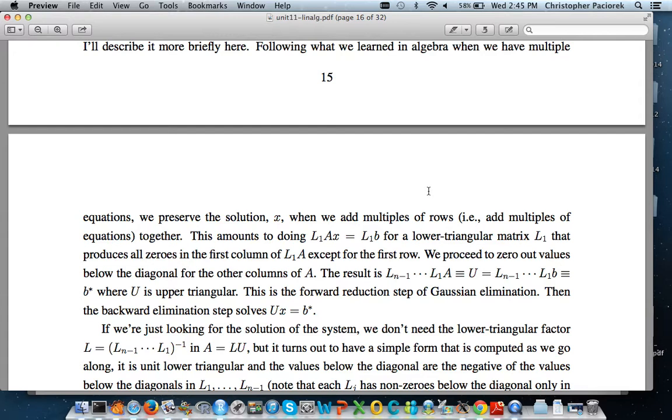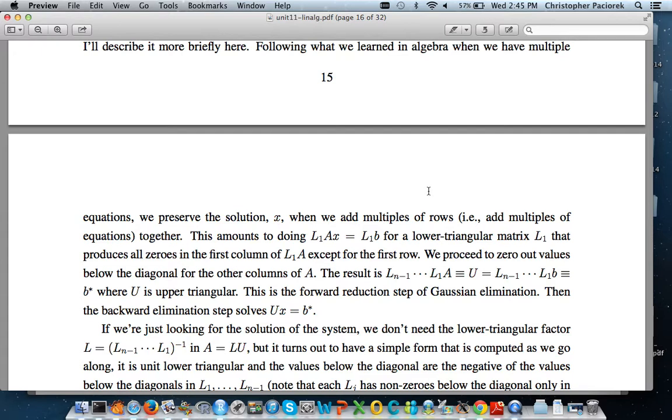C1, it's not hard to work out, but just for the sake of time, C1 is going to be equal to minus A21 over A11, and C2 is just going to be equal to 1. So if we just work through the algebra, that will produce a second equation where we have a zero in this position. Let me pause. Any questions so far?